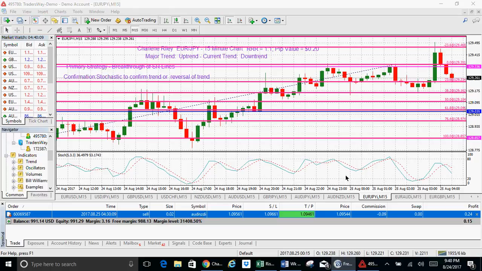The stochastic indicator is showing a downtrend, and it is at 36, which is below the 50. So once I have the breakthrough, I would go on ahead and enter into the sell.